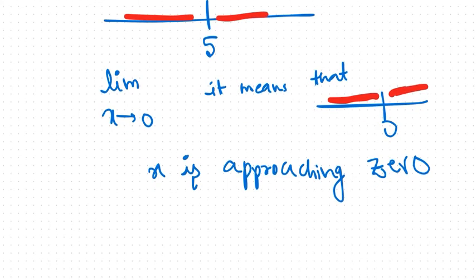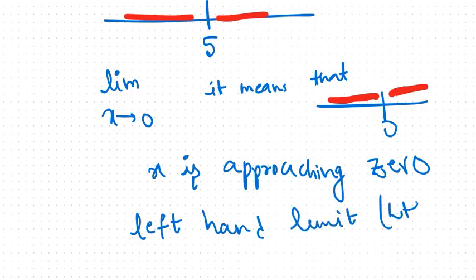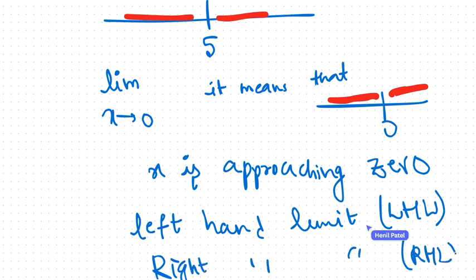So this is called left hand limit and right hand limit. LHL we call left hand limit, RHL right hand limit.